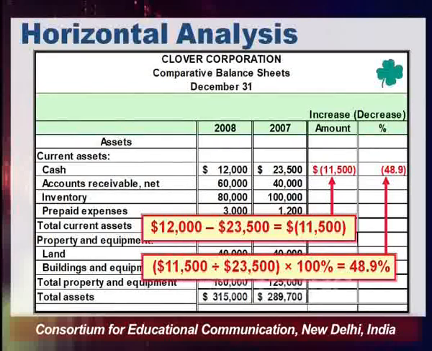So 2 years are there. Then the fourth column talks about amount. So if you look at the top, it says increase or decrease. So increase or decrease in absolute value, so amount is written. And then the last column is about percentage change.